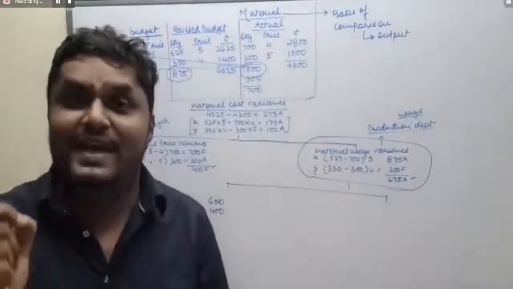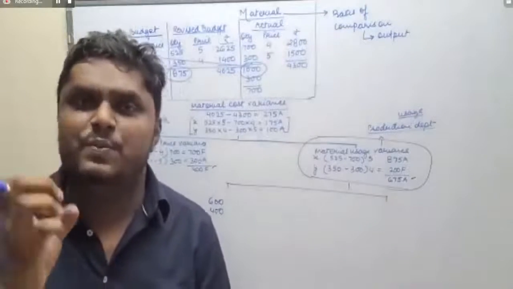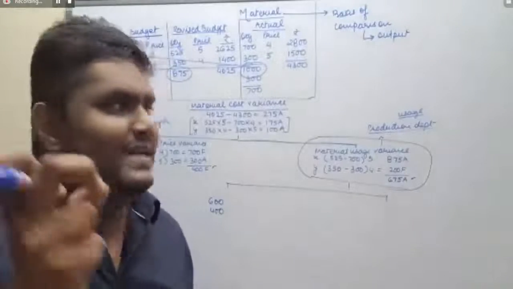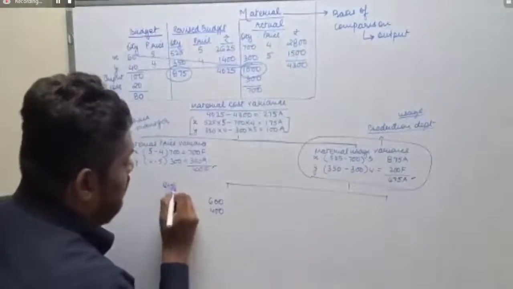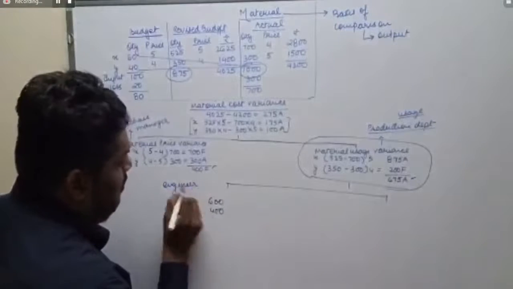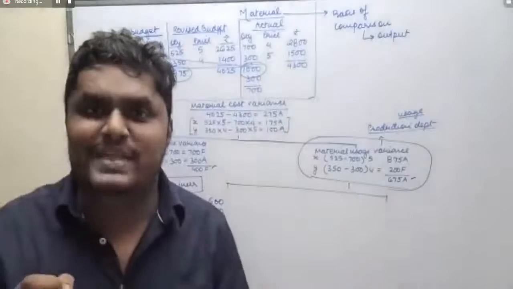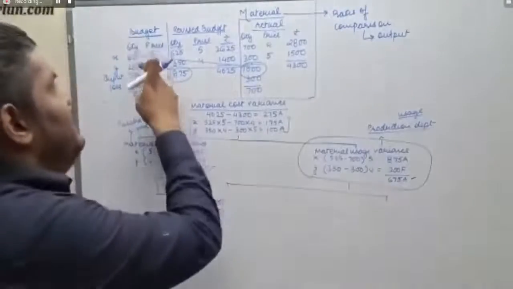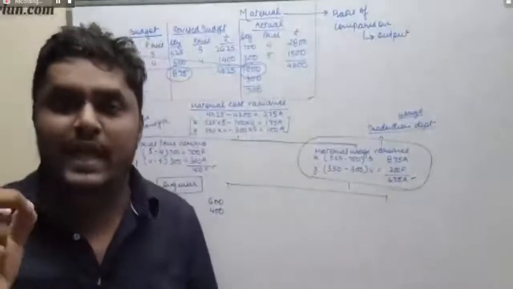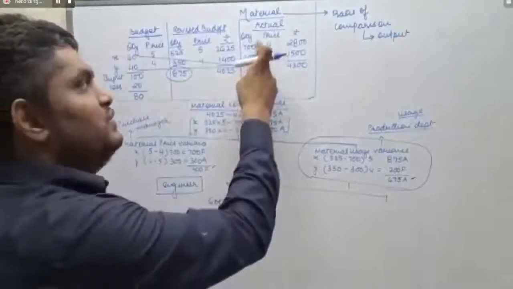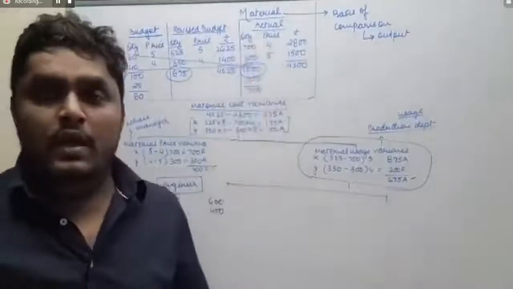I repeat, guys, the engineer is responsible for the change in mix, wherein the management has advised to keep the mix in the ratio of 60:40. However, he changed things on his own and changed the mix to 70:30.